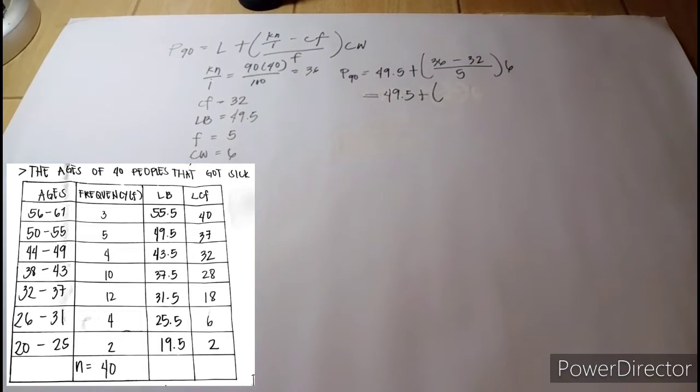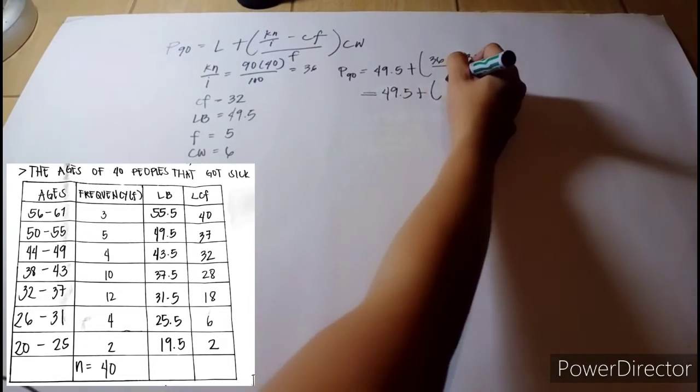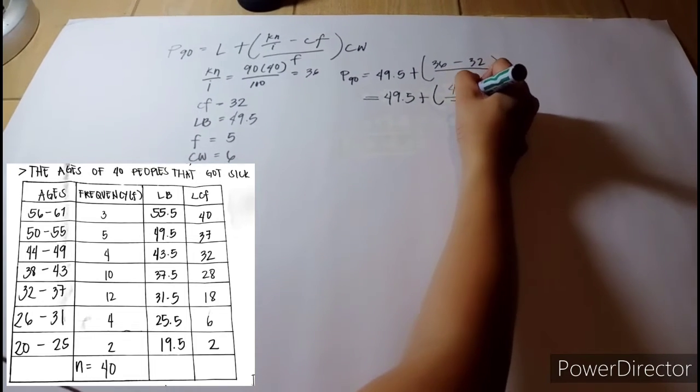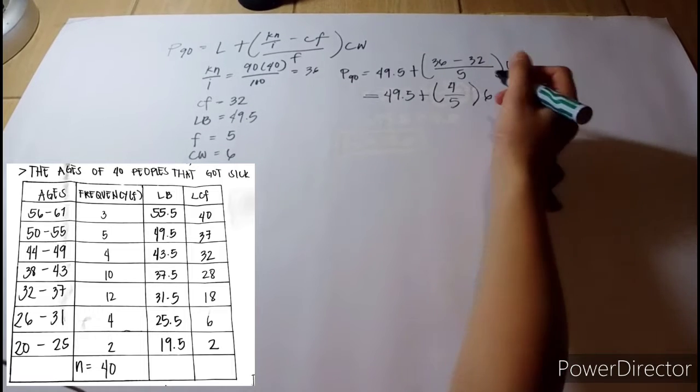So 36 minus 32 is 4. So 4 over 5 times 6 is 4.8.